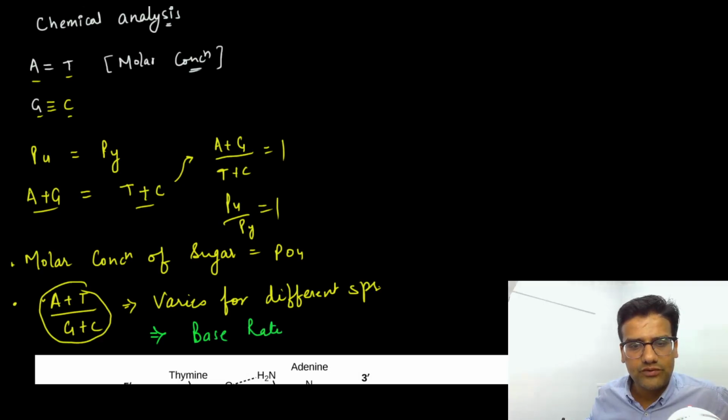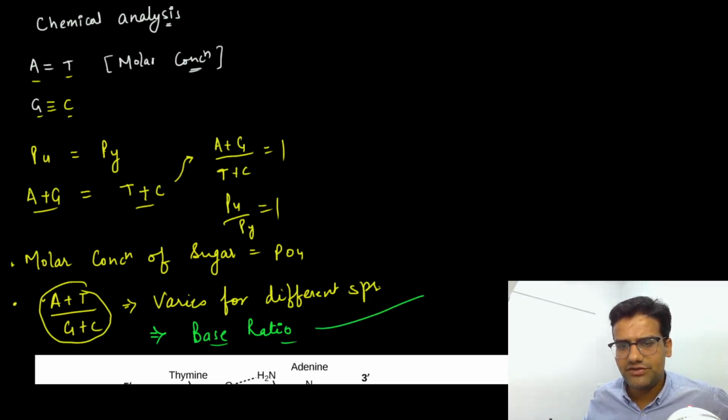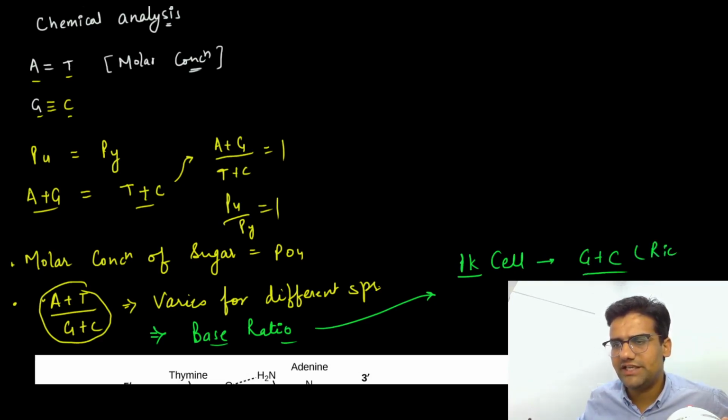This ratio, A plus T upon G plus C, is basically known as the base ratio. If we talk about the base ratio, in the prokaryotic cell, the G plus C amount is more, so prokaryotic DNA is GC rich DNA. So the ratio A plus T upon G plus C should be less than 1.